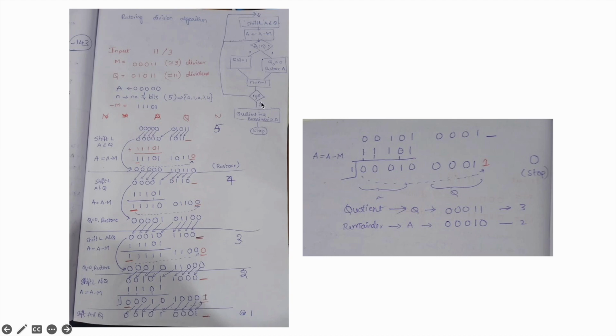Then decrement the value of n, that is to 1, and repeat. Shift left AQ. We have shifted AQ left.